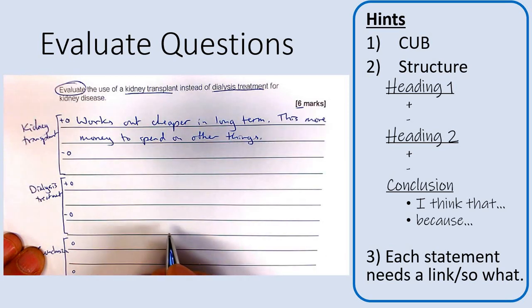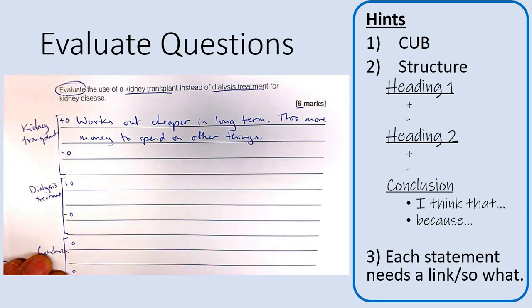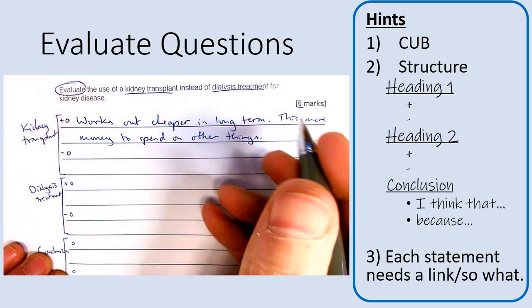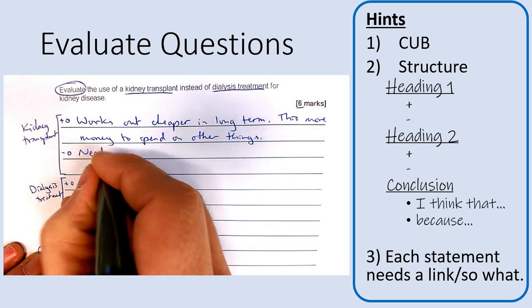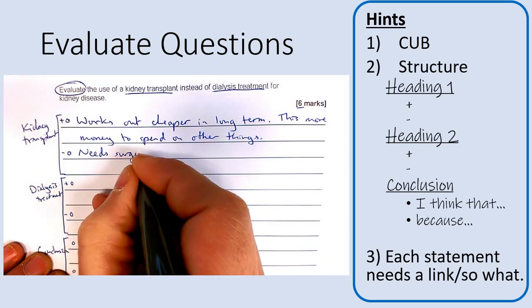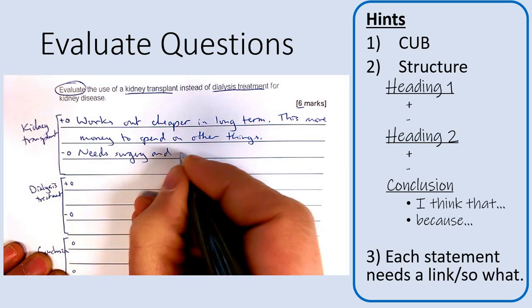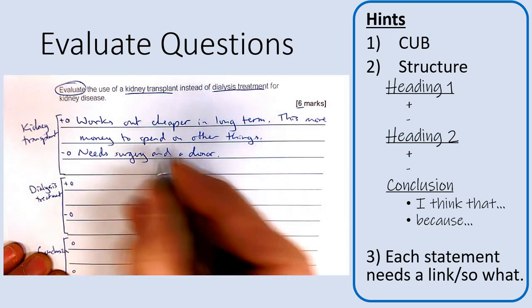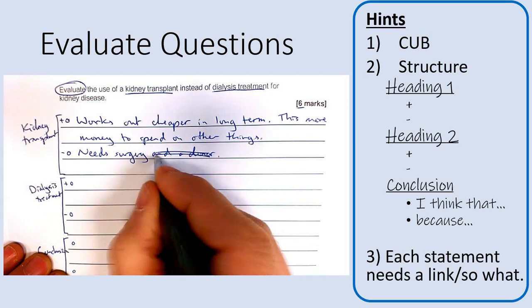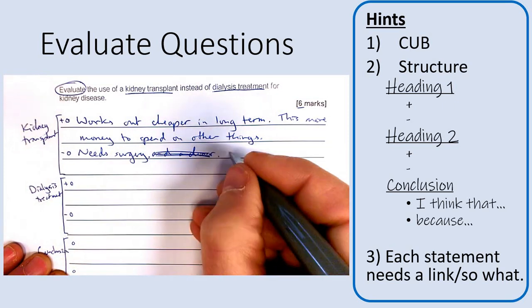A negative about it, well, it requires surgery using general anaesthetic. Okay, it also needs a donor as well. So I'm going to have both of those actually, surgery and a donor. In fact, I'm not going to add the second, sorry, I'm being greedy. It needs surgery. So why is that bad?